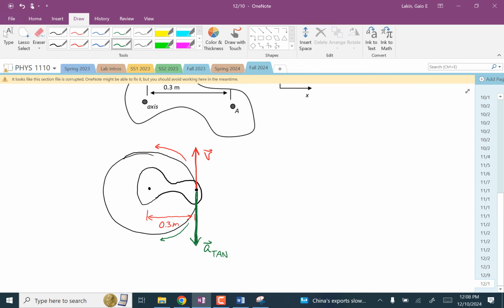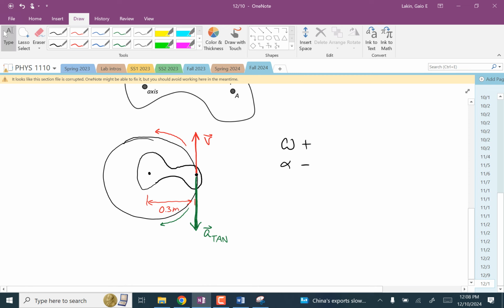But we can come up with the magnitudes also. But now we've already figured out the directions. We already know that omega is going to be positive and alpha is going to be negative. Okay, so now let's go to the equations. We know that the speed is equal to the absolute value of the angular velocity times r.